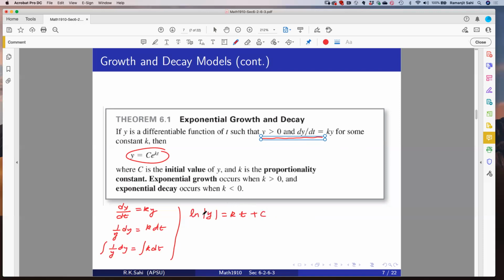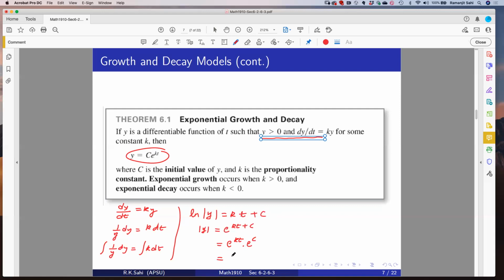Now, keep in mind this one. If I remove the natural log, we have y equals e to the power kt plus c. Now I'm going to do some simple algebra here. It is e to the power kt times e to the power c. Now e to the power c is a constant. Remember, c is a constant, so e to the power c is also a constant.